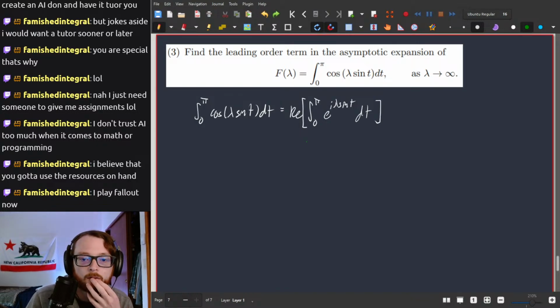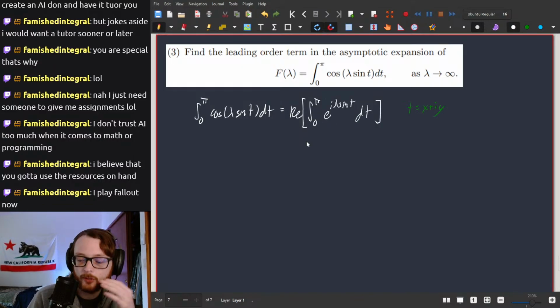If I let t equal x plus iy, how do trig identities work again? Sine of something plus something. Sine, cosine, plus. Okay.